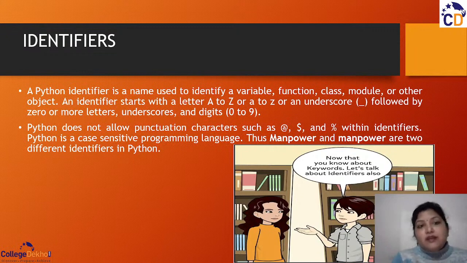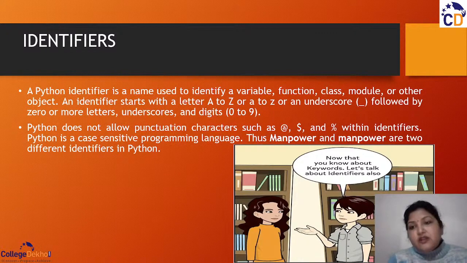So a Python identifier is a name given to the location, right, which is holding some value. It could be a variable, it could be a function, it could be a class, it could be a module, or it could be an object. Yes. Now whenever we define any identifier, we have to follow some rules.